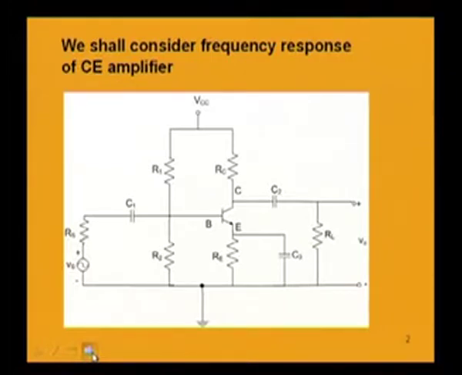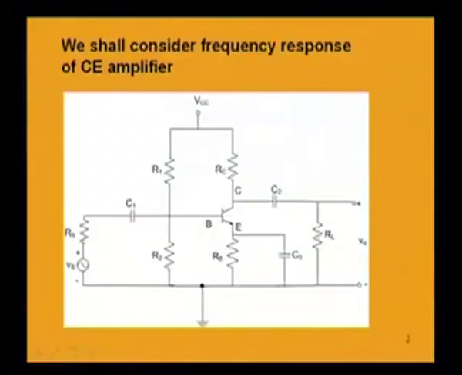So if we revisit the amplifier circuit again, we will consider only the common emitter amplifier circuit. Here the circuit has the coupling capacitors C1, C2, and the emitter bypass capacitor, which is C3.